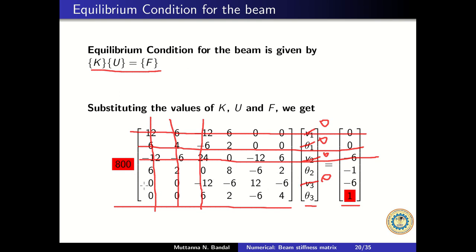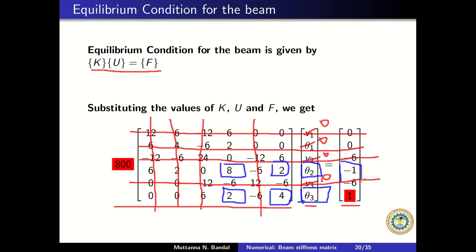But V3 is 0, I will cancel this, and correspondingly that. So 1, 2, 3, 4, 5, fifth column. So I will cancel the fifth column. So the leftover elements are 8, 2, 2, 4, and here theta 2, theta 3.